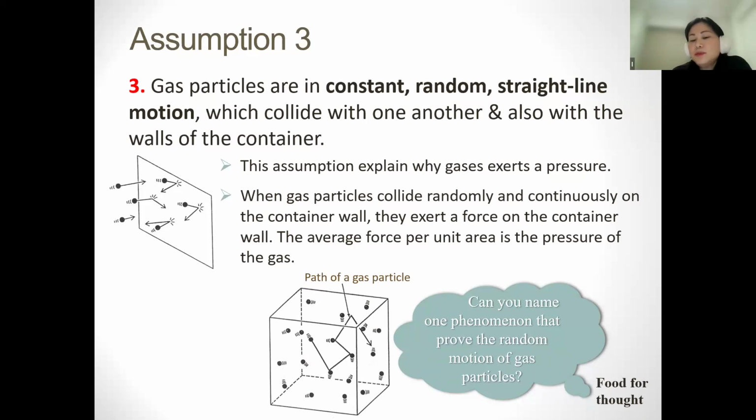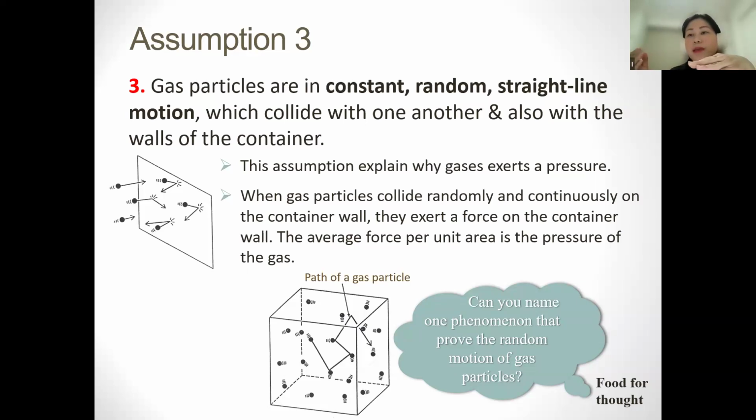If you look at the gases' movement, they are always in constant random movement, but they always move in a straight line until their path meets something. Either they meet another molecule of gas, or they meet the wall of the container, and then they change path. If there's nothing blocking them, they will just continue to travel in a straight line.